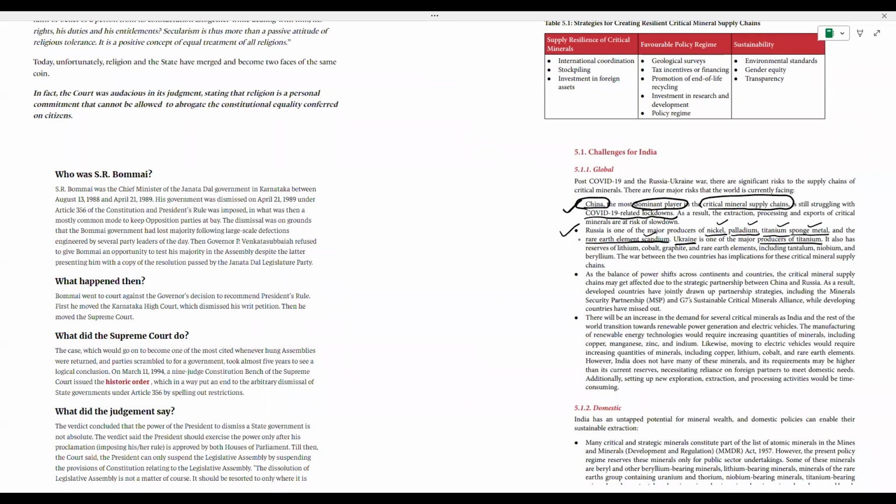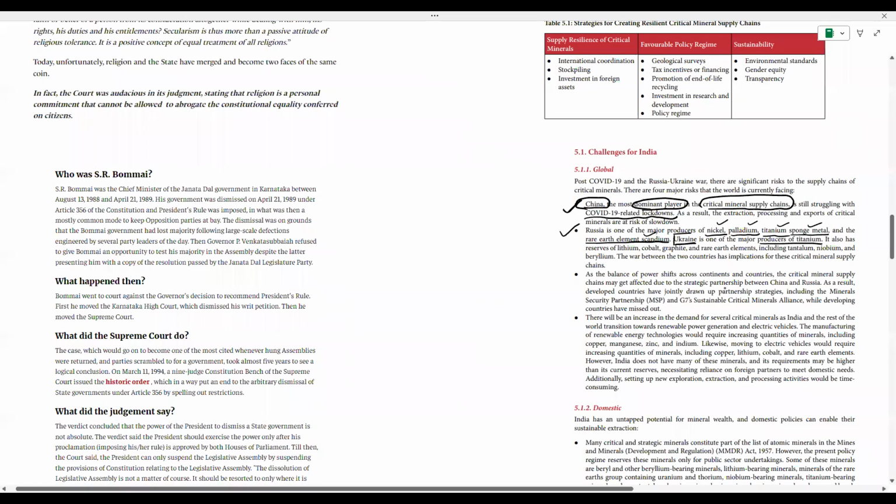And that is why you see this year, UPSC in the prelims question has asked what? Can anyone tell me what UPSC asked in the prelims this year? Titanium. Now you understand why UPSC is asking about titanium.